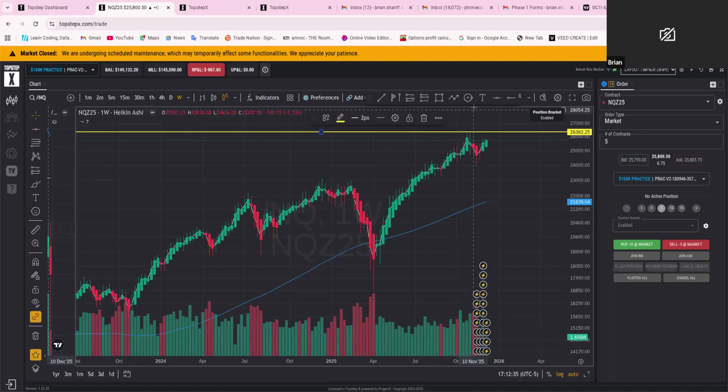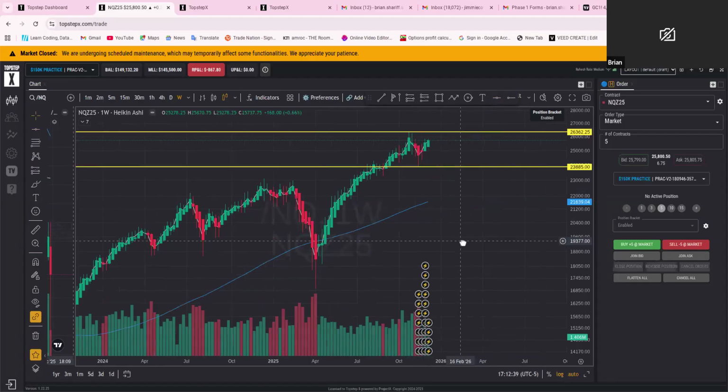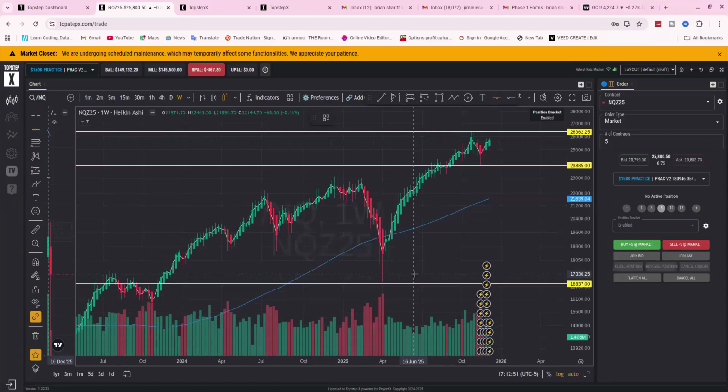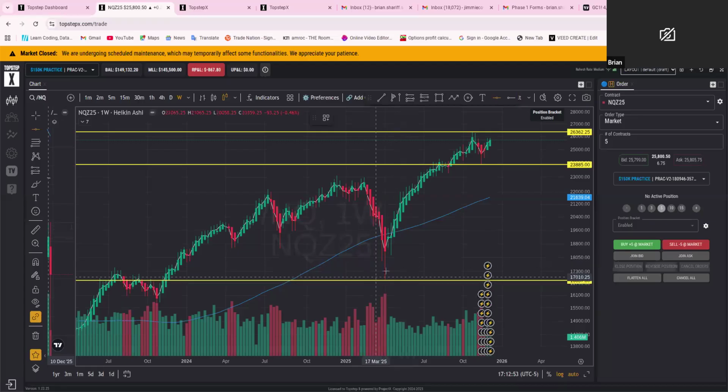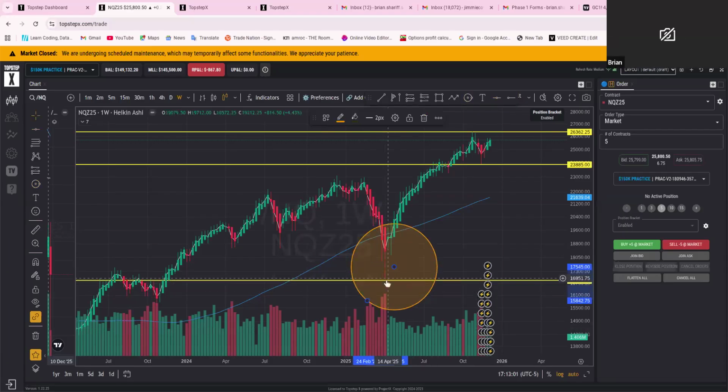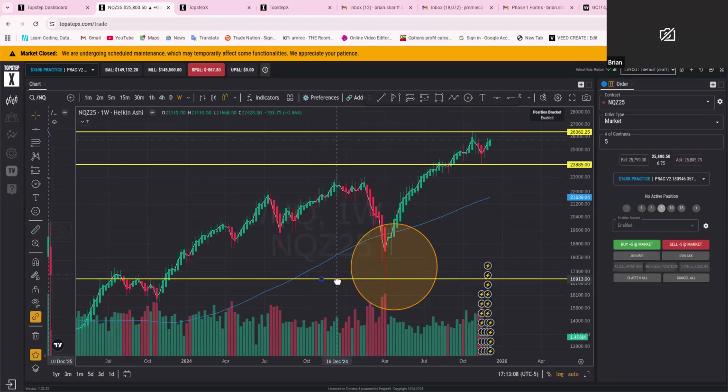So I mark out my levels from the highest point to the lowest point. I'm basically looking at my swing points. You see the swing highs and swing lows? This is a swing low right here, this area. Below this area, I mark a zone. I put a zone there, which is this line.